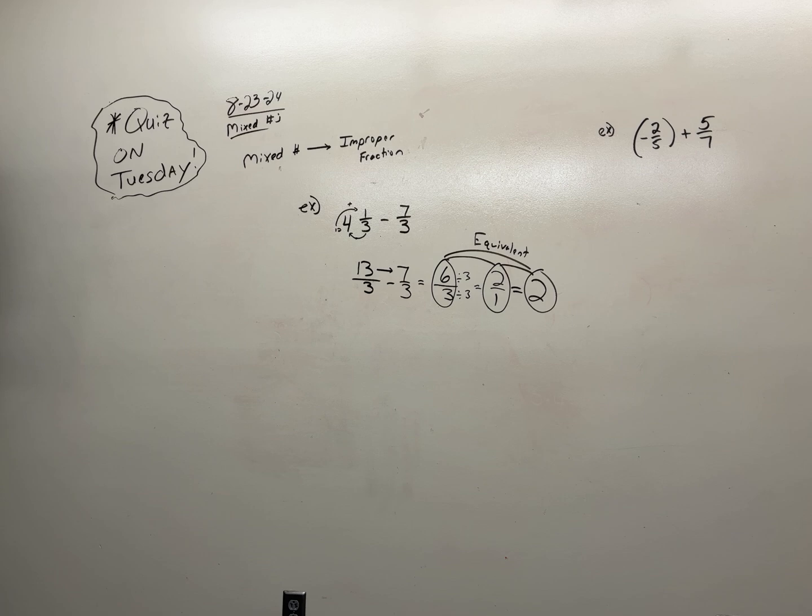So what do we need to do first? Somebody, before you start, what do we need to do first? Yeah. Make the denominators the same. Go ahead. So get those denominators the same.